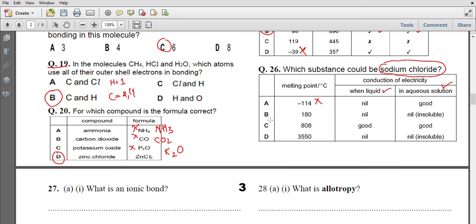So keeping in mind this point, we can choose option C as the right option as its melting point is higher. Secondly, the conductivity in liquid and in aqueous state is good. So we have to choose option C as correct option.